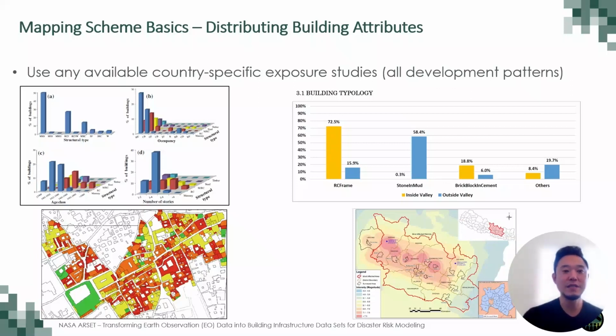And so if we have that data and we have our development patterns, we can essentially overlay the two and pull mapping schemes directly that way. We, of course, do some sanity checking, again, with Street View, make sure that some of the assumptions are correct, and we'll redistribute the structural types or building heights based on our judgment of what we see on our review.